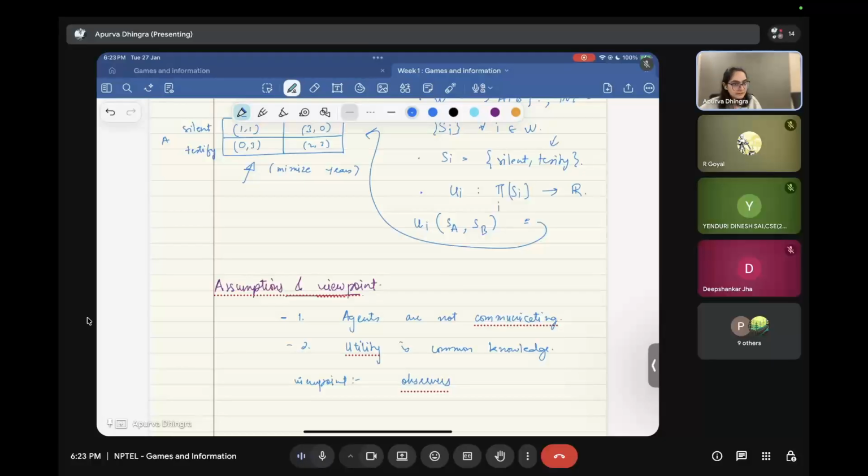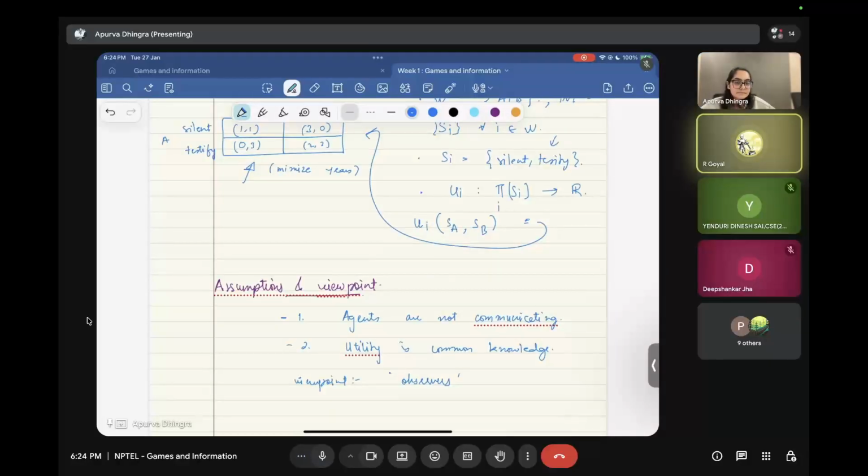We are not predicting how it will be played. We are just asking how it should be played. What are the rules, and if they go by the rules, what would be the end result? If they don't go by the rules, then we need to say what happened and hence what can be the predicted outcome. But for now, we're just going through the basics of it, the rules of it.